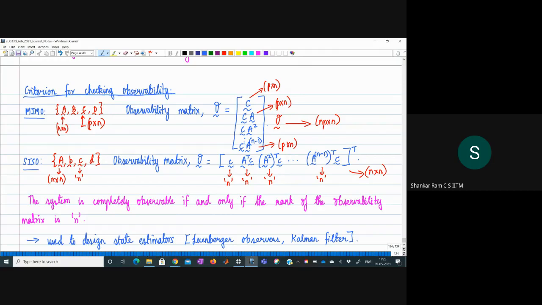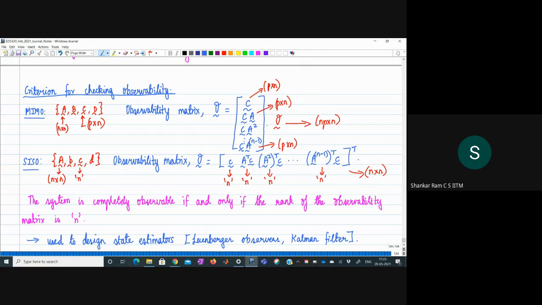On the other hand, if stochastic effects are important, we go for the Kalman filter. That is the application of the notion of observability.